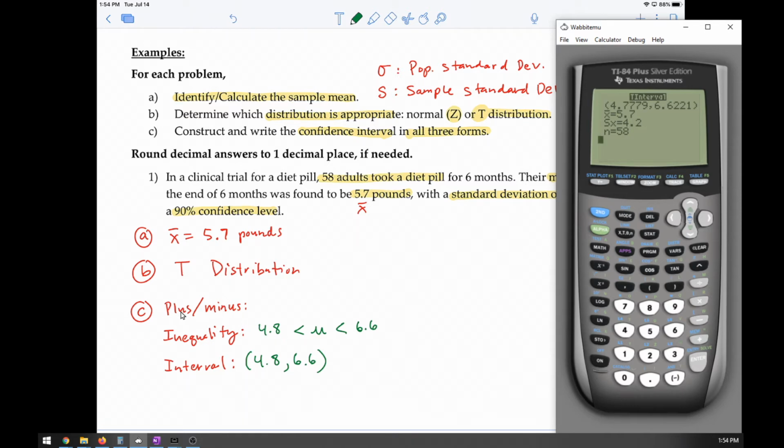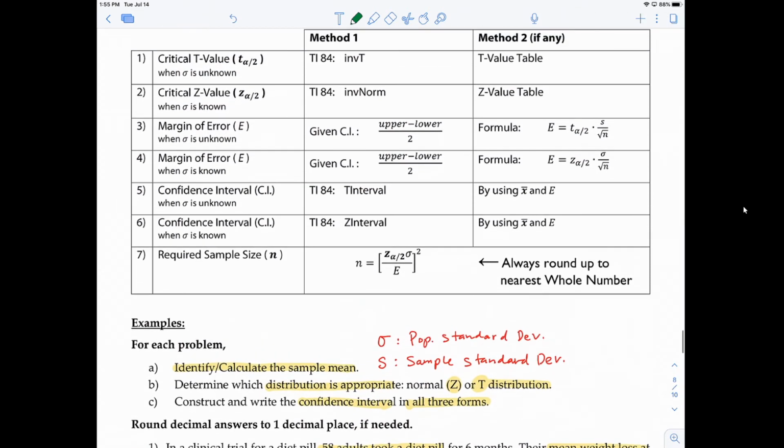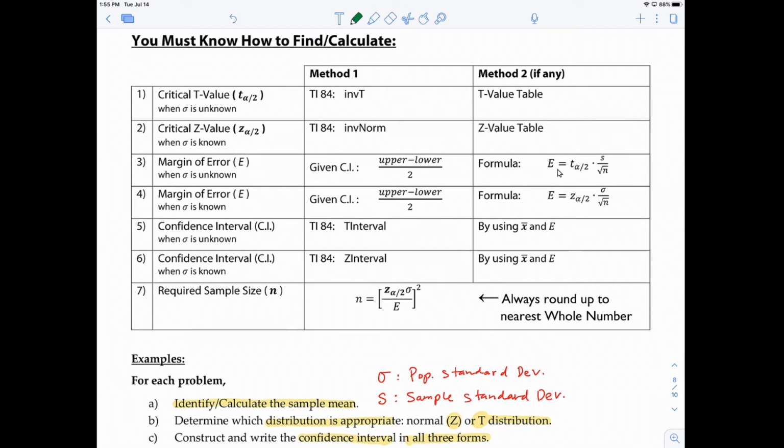And then finally, for the plus minus form, you need x bar plus or minus the margin of error. x bar was given to us, so that's 5.7. Now we need the margin of error. Very similar to the formula from the last section.